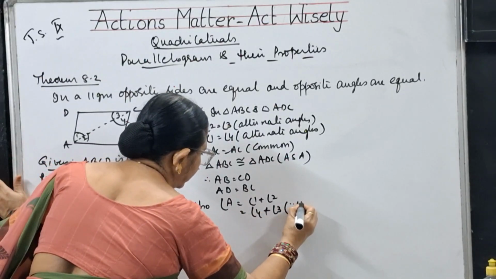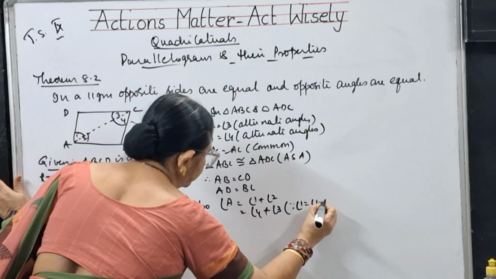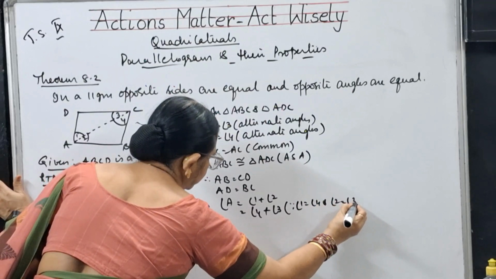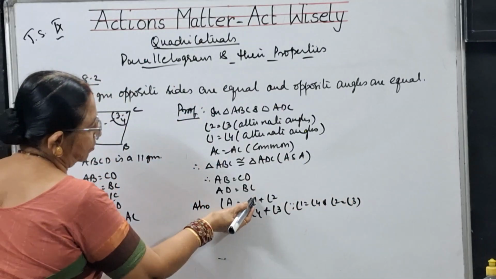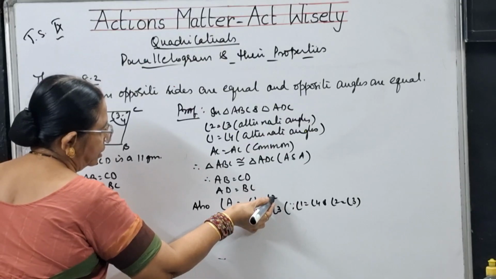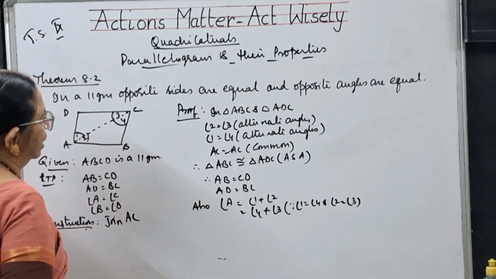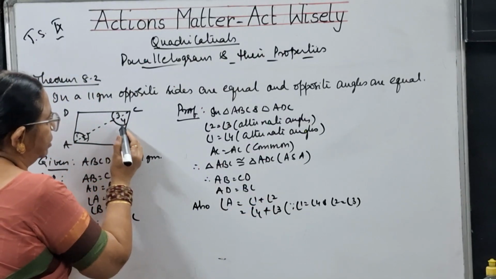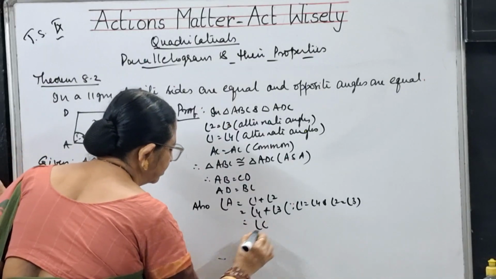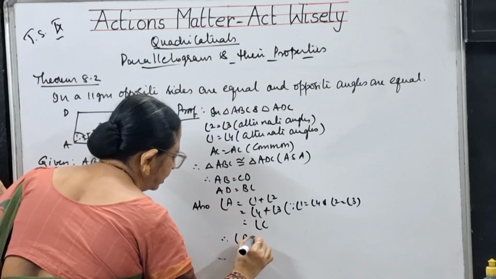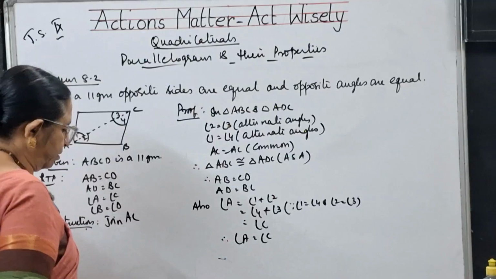The reason is angle 1 is equal to angle 4 and angle 2 is equal to angle 3. That is why in the place of angle 1 I am writing angle 4, in the place of angle 2 I am writing angle 3. But what is angle 3 plus angle 4? This is angle C. Therefore, angle A is equal to angle C.